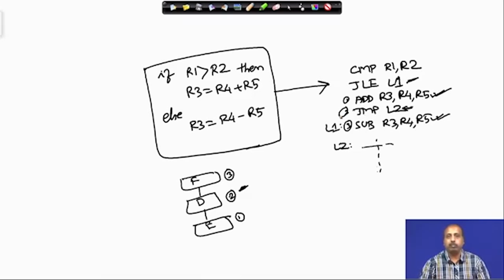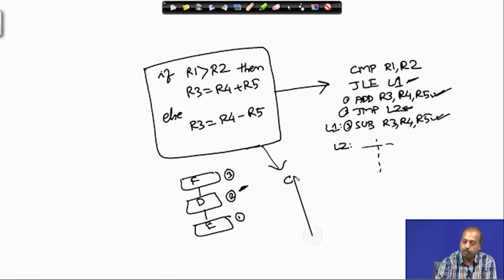So whenever you have branch instructions, it creates difficulty, because the pipeline has to be stalled in between. Now, what the ARM people have done is this. We have the compare instruction, compare R1, R2.